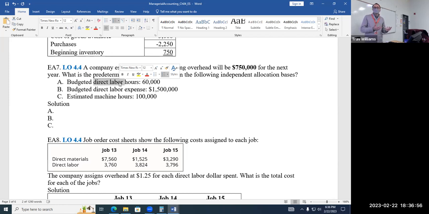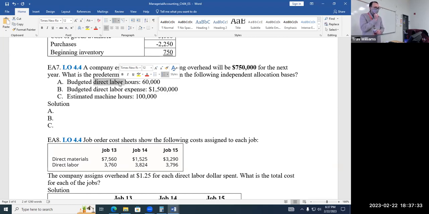So they would probably use either labor hours or labor cost as how they're going to determine how much overhead to apply for each job. Other companies that have a lot of automation and don't need as much labor, they might find the machine hours is a better way to estimate how much overhead they should apply to each job. So a job that uses a lot of machines is going to use a lot of electricity and other overhead costs, and other jobs with less machine hours would get less overhead costs. So each company gets to make that determination.